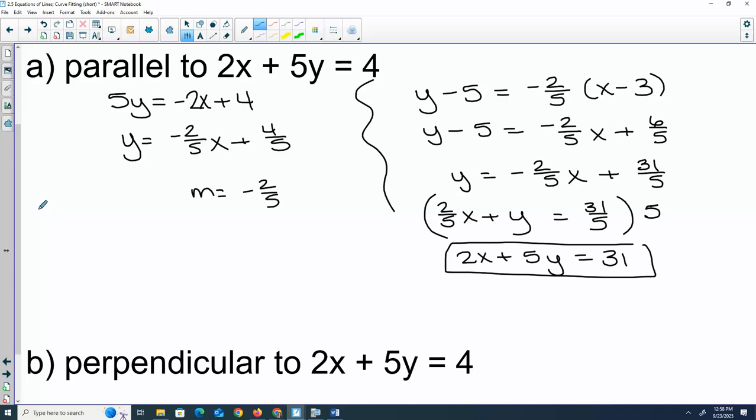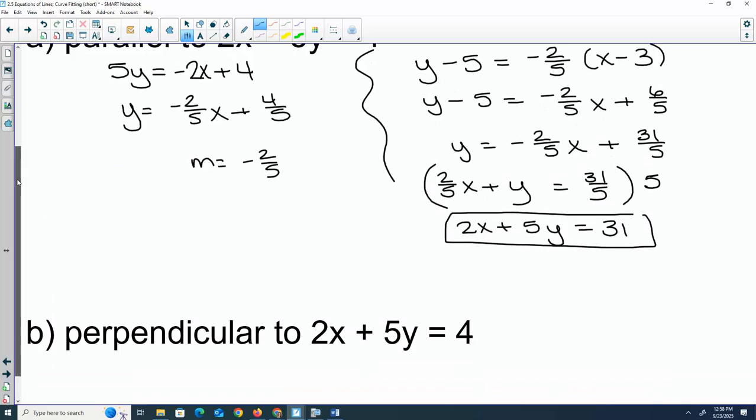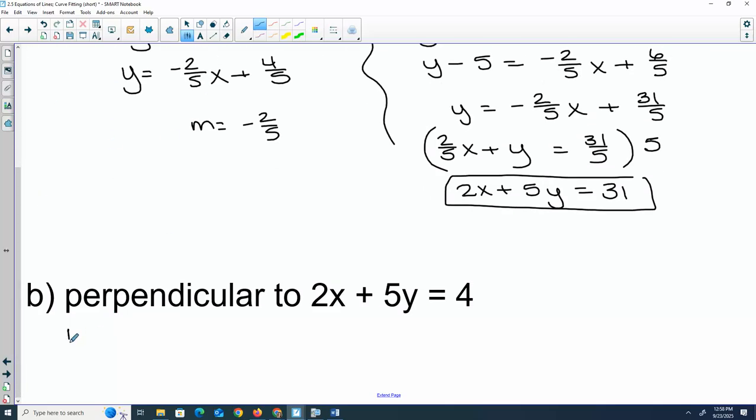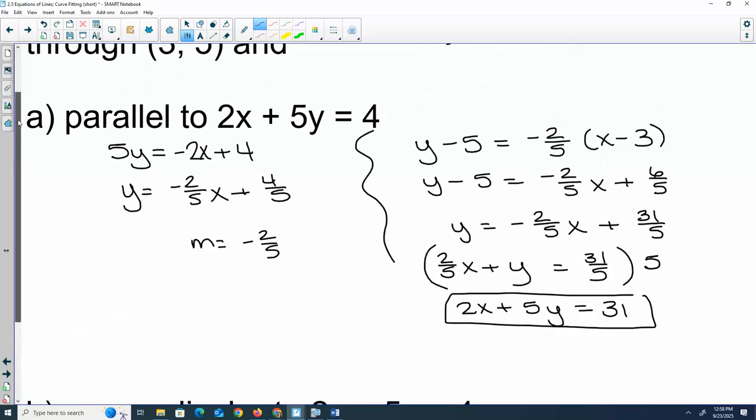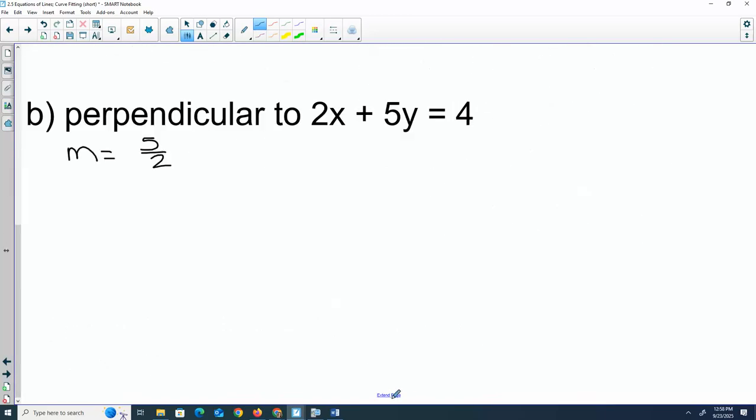What is B asking for? It's perpendicular. Same line. So we know this line had a slope of -2/5. So if you're perpendicular, what would your slope be? Positive 5/2. Okay, I'm still going through the point (3, 5). I'm going to mix it up. I'll do y equals mx plus b for those of you that like it. My y is 5, slope 5 halves, x is 3.